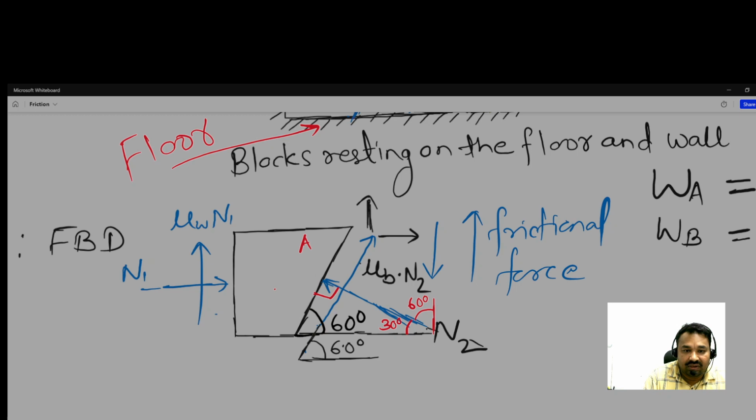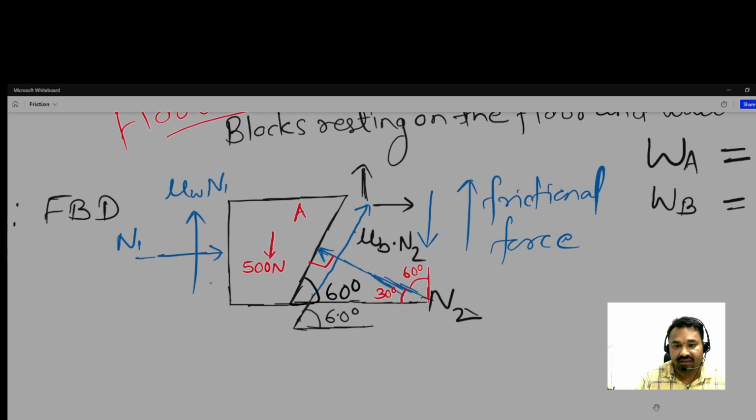And weight also we have to show. And what is the value of weight here? It is 500 Newton. So how many forces are there?